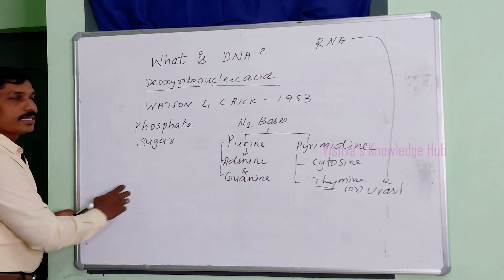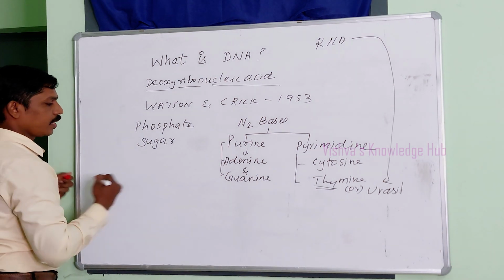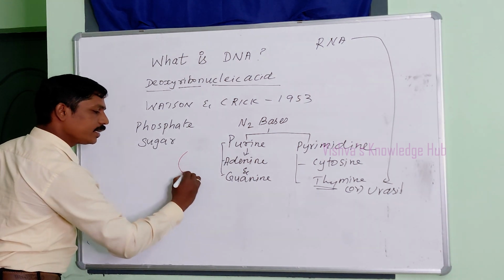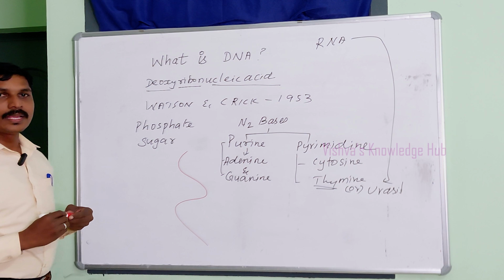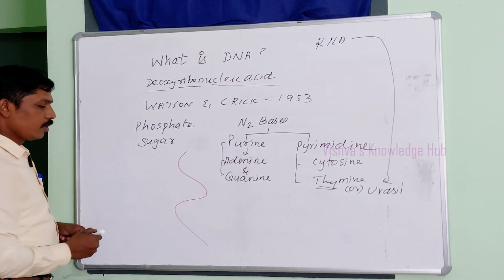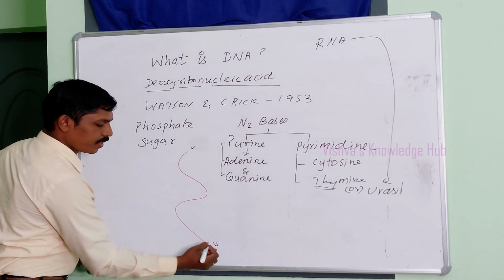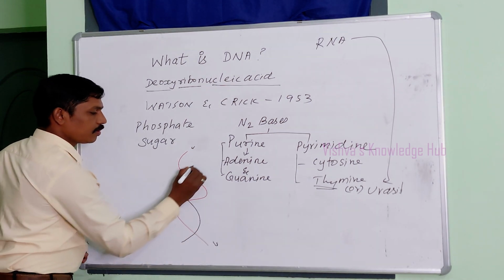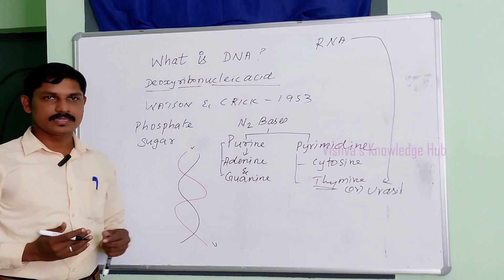So next one, what is the structure of the DNA? It is a double helix structure. It is always bound anti-parallel to each other. What is anti-parallel? One strand from this direction and another strand from the opposite direction. This is anti-parallel to each other.